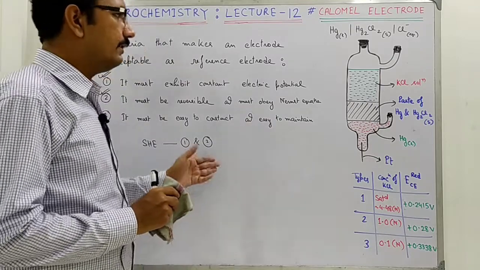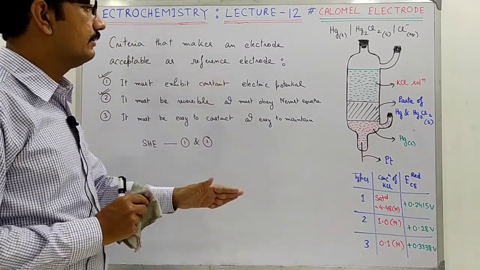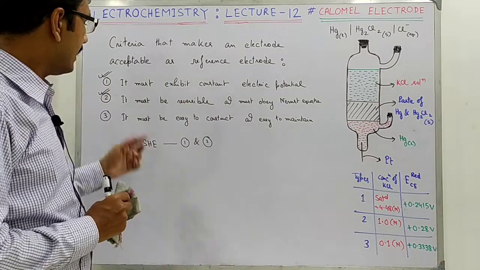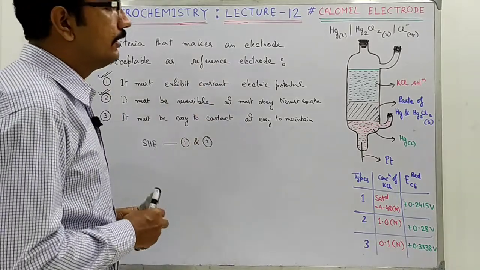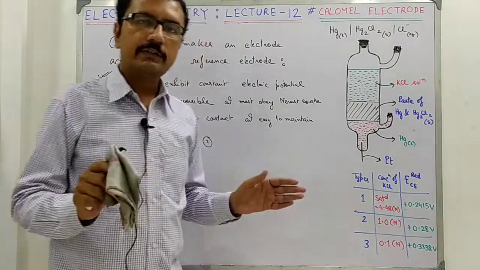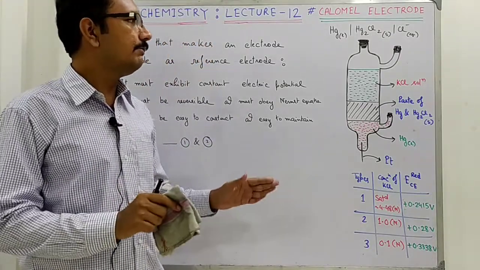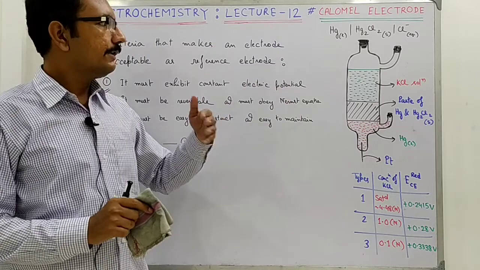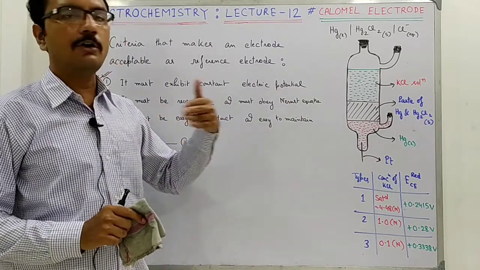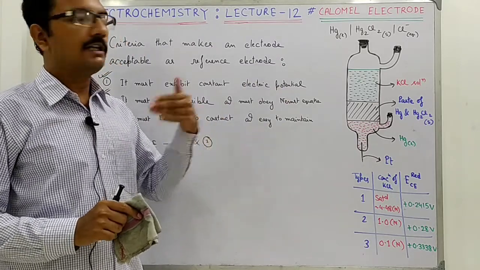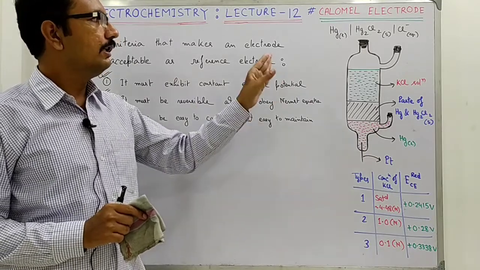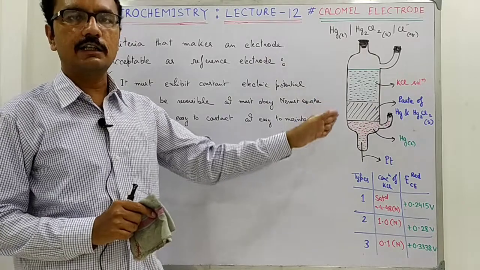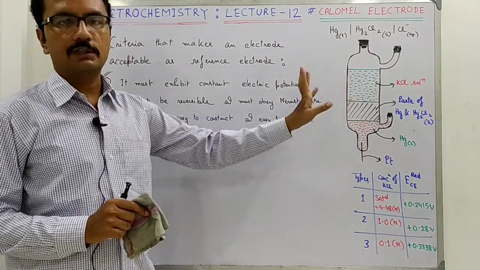We need an electrode which may be difficult to construct, so that there are companies, there are enterprises which will build it and sell it to the laboratories, but that must be easy to maintain, since students are going to maintain it. So, we need a second option rather than the standard hydrogen electrode, and that is why we need the Calomel electrode. It is not the case that we are satisfied today only with the Calomel electrode. There are several secondary reference electrodes that have evolved as per requirement, but we will restrict ourselves only to the first kind of secondary reference electrode, which is the Calomel electrode.